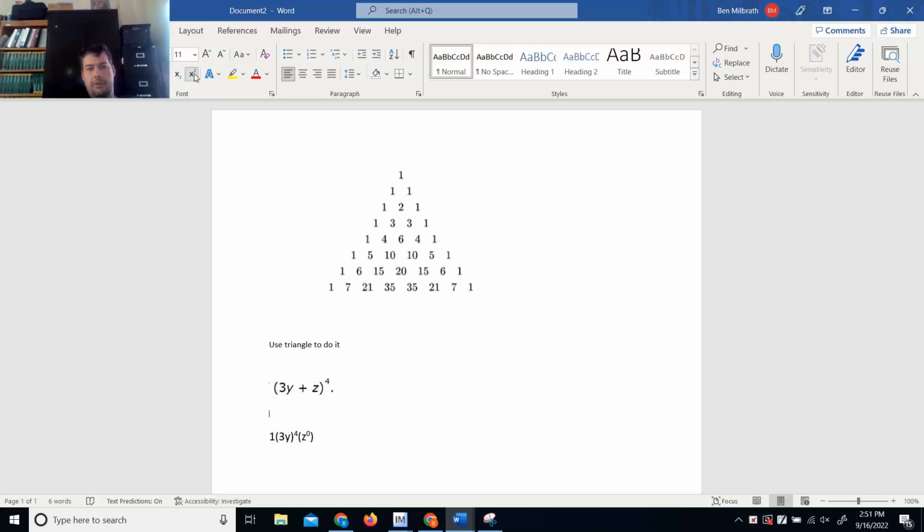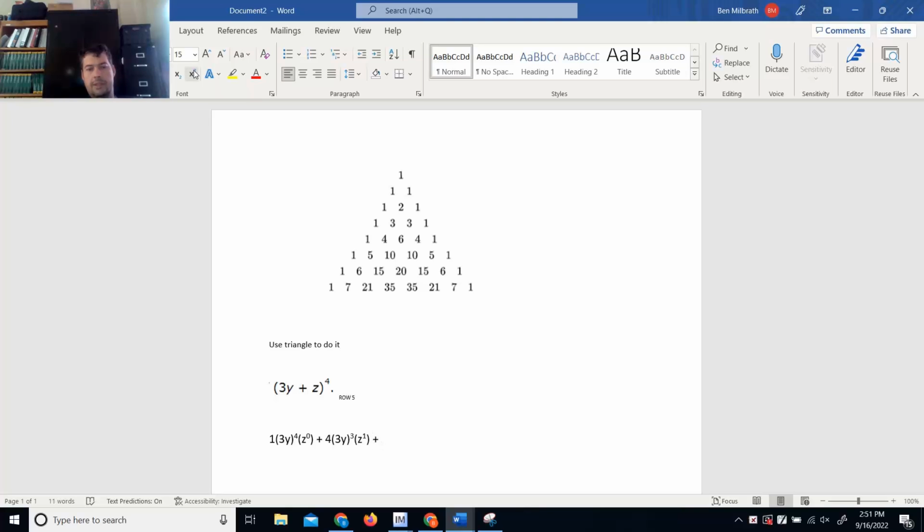Because this is a fourth degree polynomial, I'm going to use row 5. This is my row right here. Plus 4. 3y is now cubed. And z is raised to the first power.